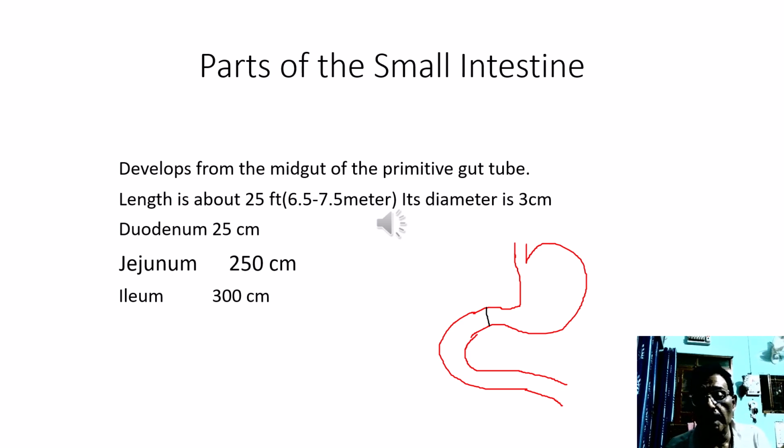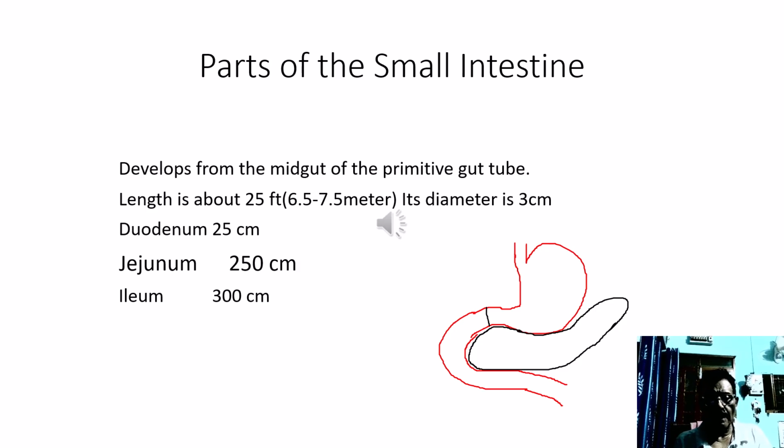This is the pyloric end, and after that this is the duodenum. The duodenum is a C-shaped structure, and in this C-shaped space, the head of the pancreas is situated. This is the pancreas. So the duodenum is the first part of the small intestine.